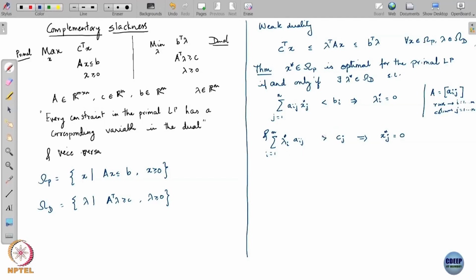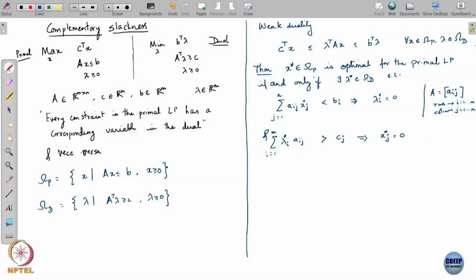I just corrected it. So, likewise, if this inequality holds strictly, the jth inequality in the dual, then the corresponding primal variable x_j must equal 0.